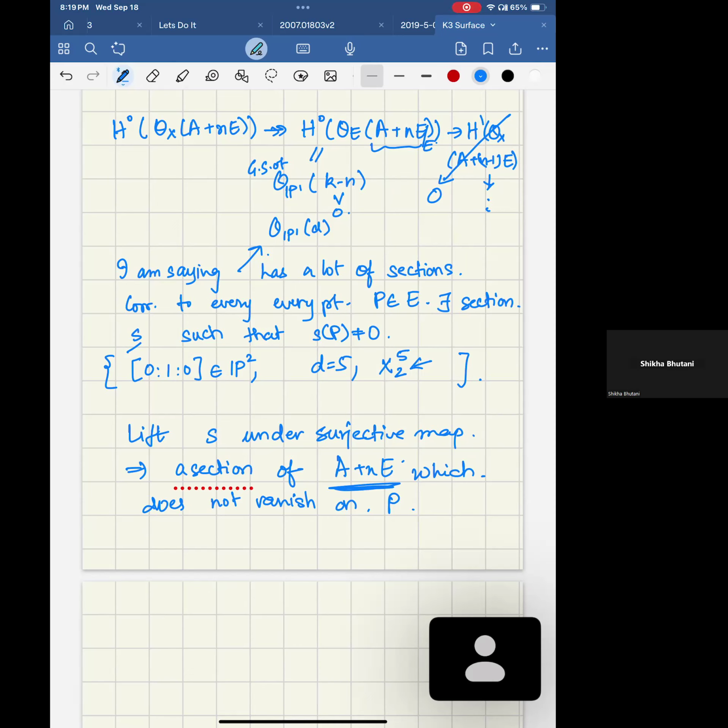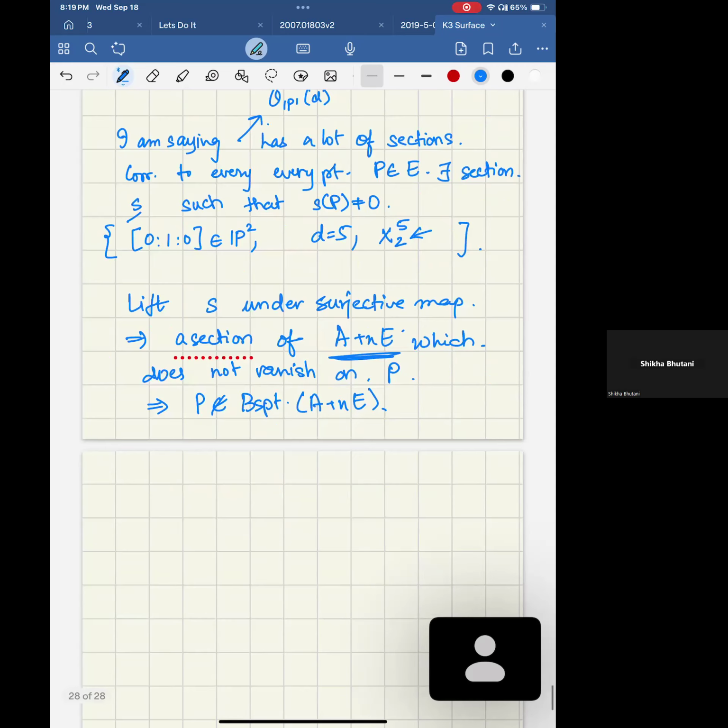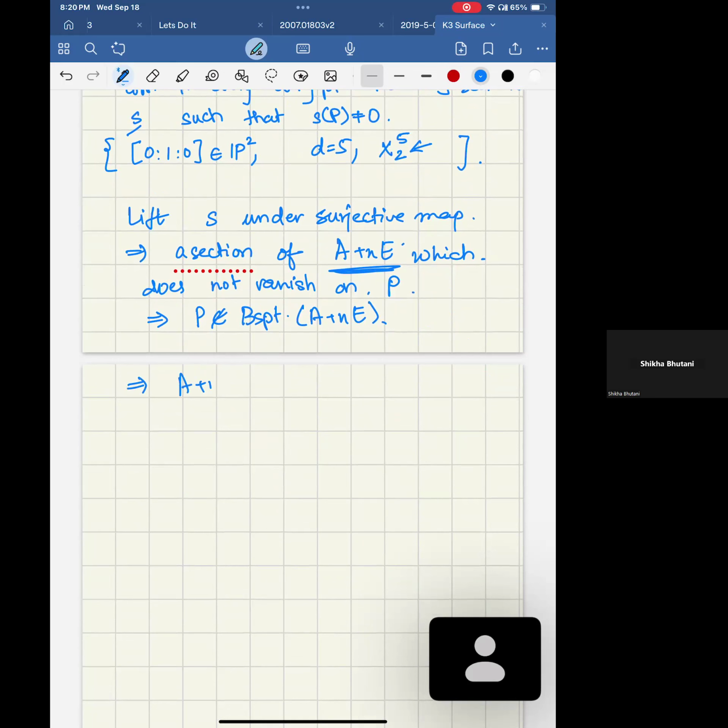Hence, this P cannot lie in the intersection of the supports of all the divisors which lie inside the linear system of A plus NE. And therefore, this point does not belong to the base locus of that thing. Okay. So what does this imply? This implies that P does not belong to the base point of A plus NE. Well, that gives me that the linear system A plus NE is base point free.